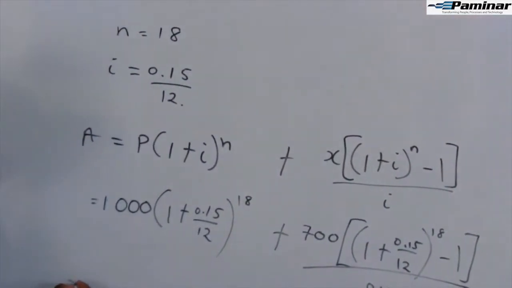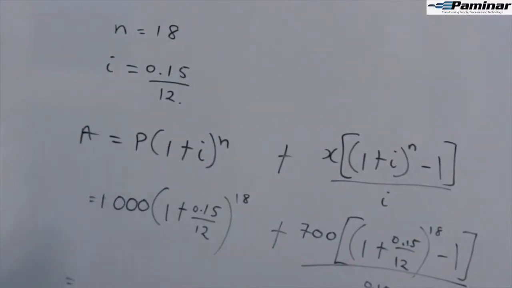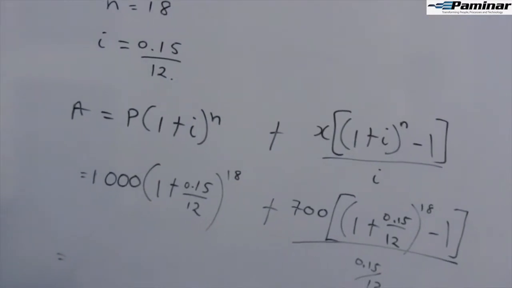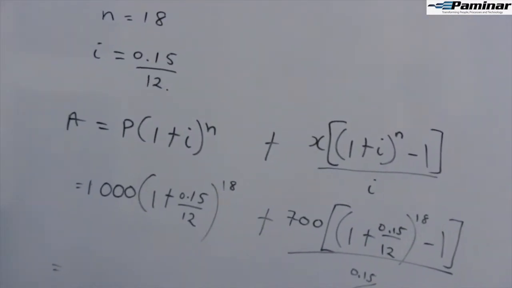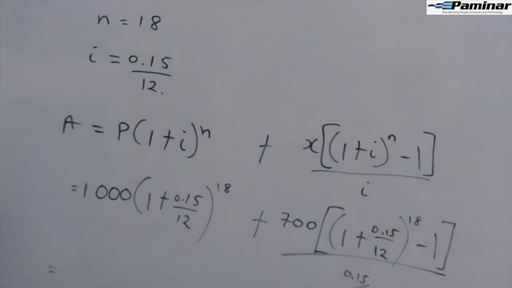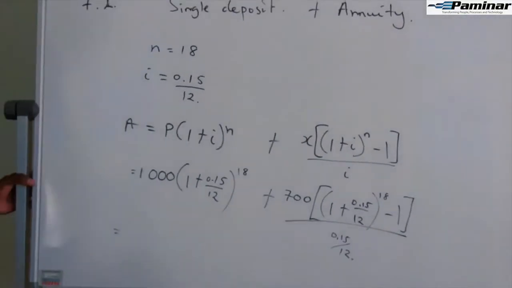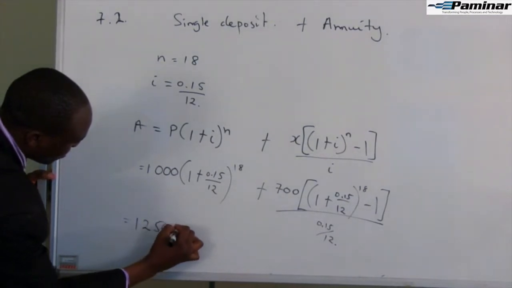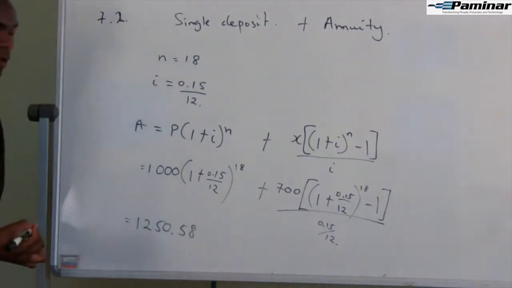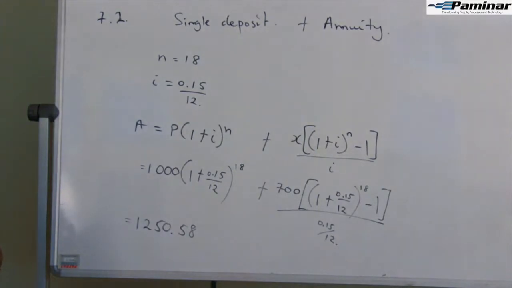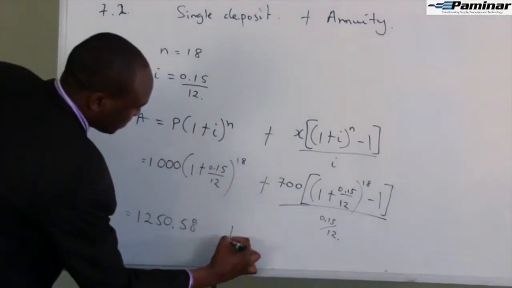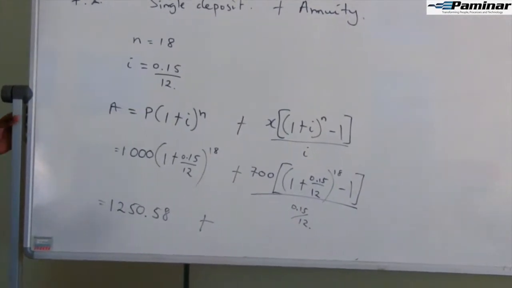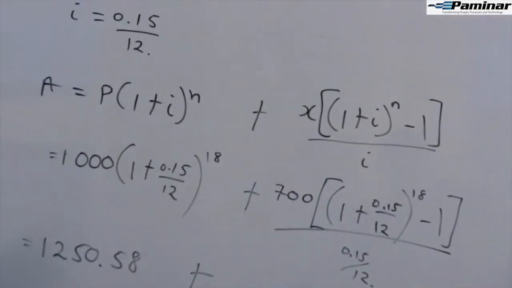Alright, if you punch in your calculator for the first one, you're going to get 1250.58, right? Then just round it off to 2 decimal places. And then for this one, what are we going to get?